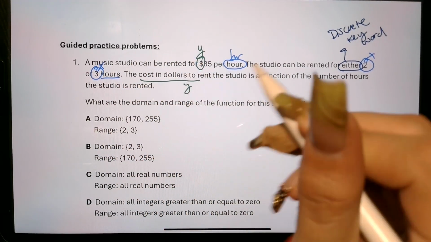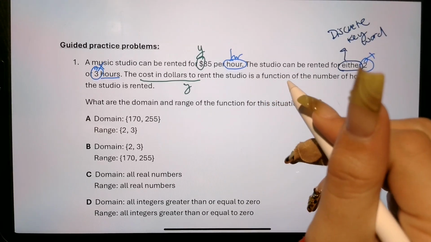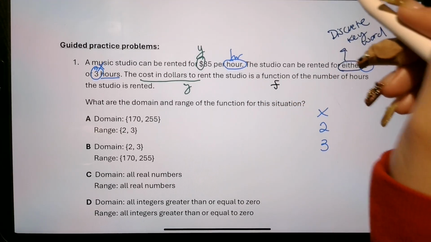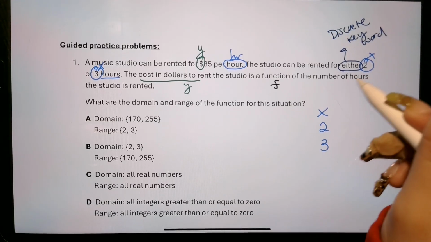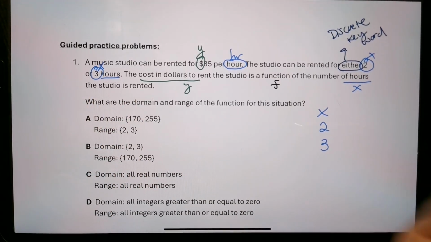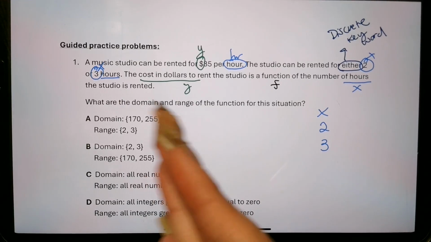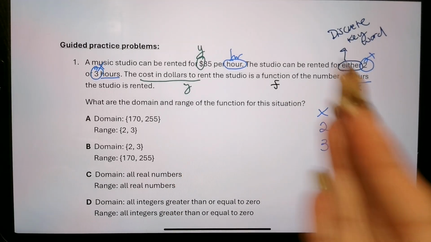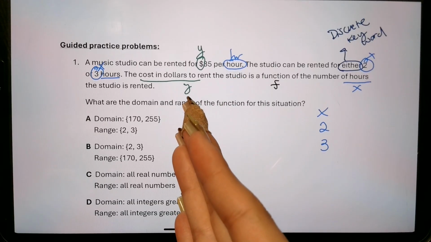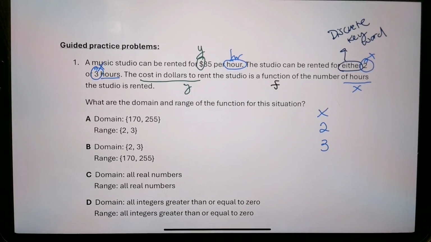The cost in dollars to rent the studio is a function of the number of hours, again, x, the studio is rented. So they just confirm for us our y and our x because y is a function of x. If they're saying cost in dollars first, confirmation that cost is y, hours are x.